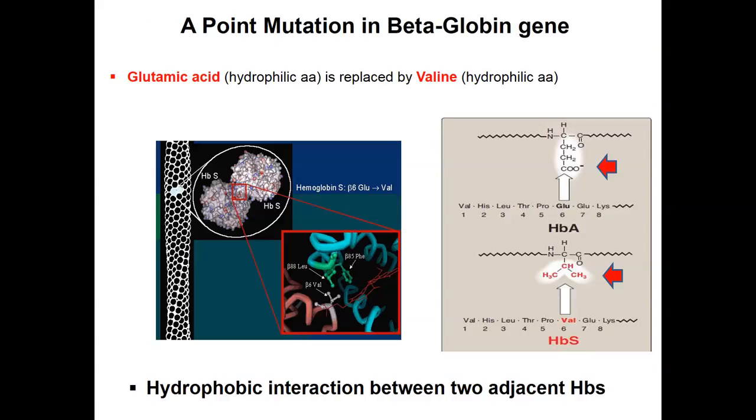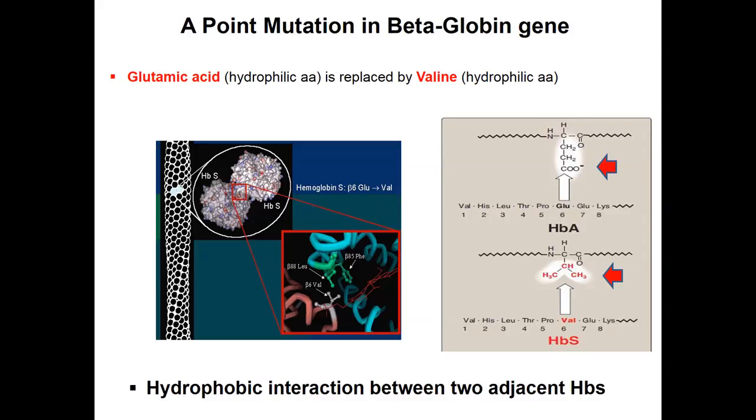So now if you go closer to the molecular level, not that it's critical, but I just want you to see, it's supposed to be a glutamate here. If it was a glutamate here, you see these two together, S and S, they nicely interact together. Normally these two are supposed to be separated. But because you have a valine here, and the valine doesn't want to be in the water, the valine from this hemoglobin goes to a pocket that is formed by phenylalanine, which is also hydrophobic.